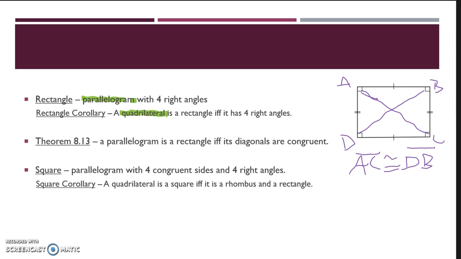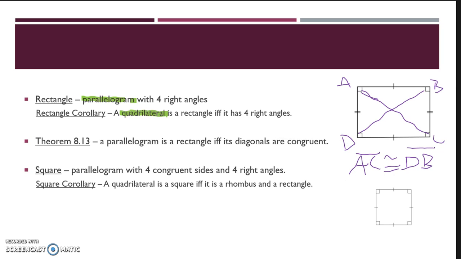A square is considered a rectangle, so even if the image is a square, you're still covering your bases by saying it's a rectangle. Which gets people a little bit confused, but we're going to do a chart a little bit later in the chapter, and hopefully that will help you out.